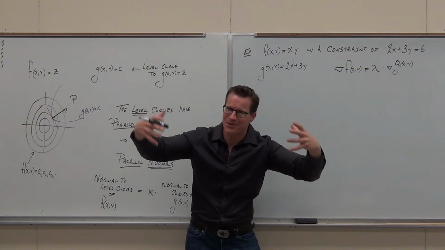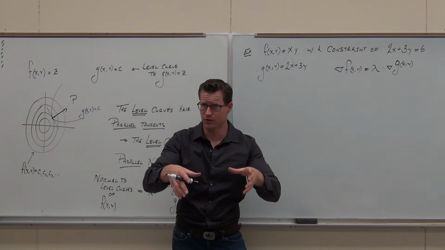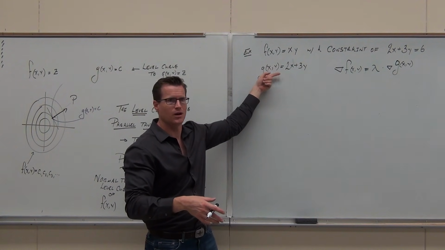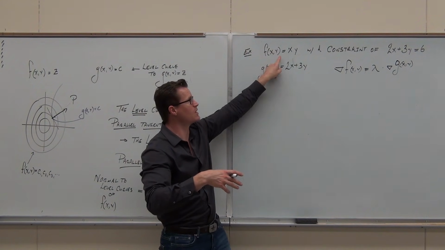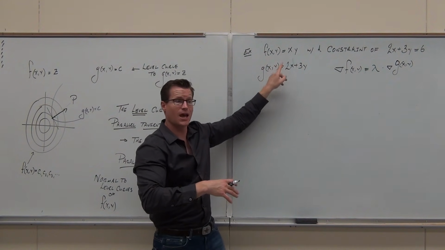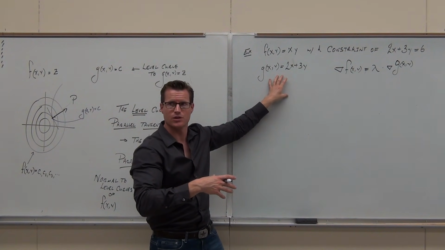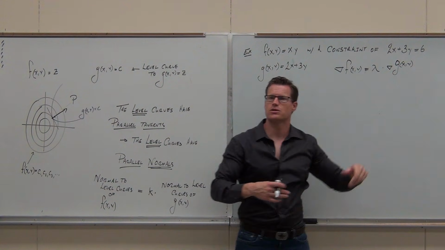Now, come on, put it together. What gives us normals to level curves? So now that I have a function of two variables, and a function of two variables, all we've got to do is find the gradient, because the gradient is going to give us the normals to that function's level curves, including the one I care about. So let's go ahead and do this right now.